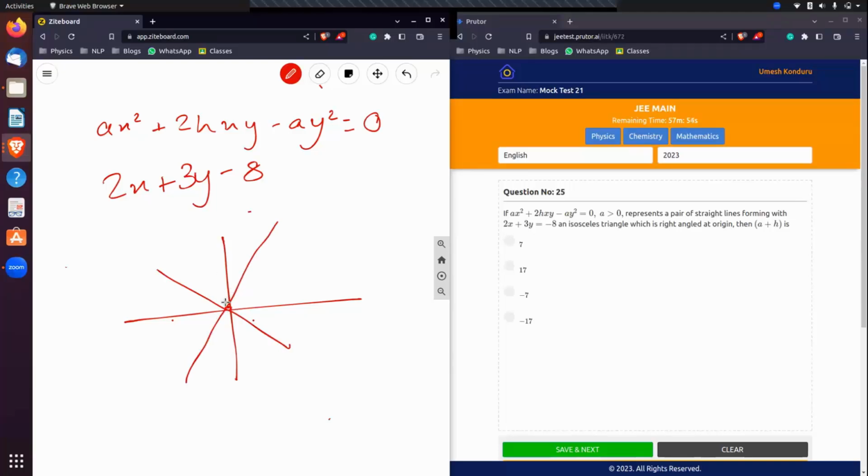And then this line, 2x plus 3y equals 8, it cuts them both, let's say, this way, such that these two distances are equal. And we'll have to figure out the value of a plus h.